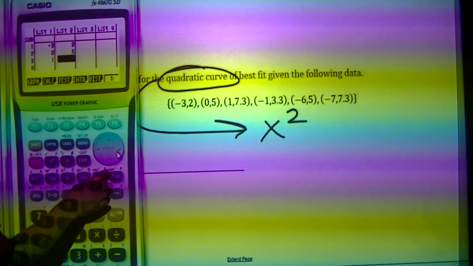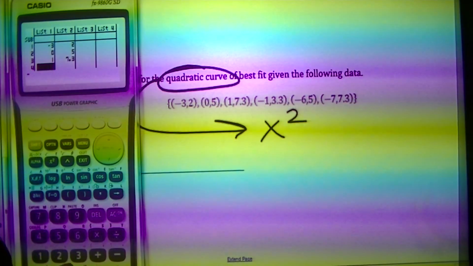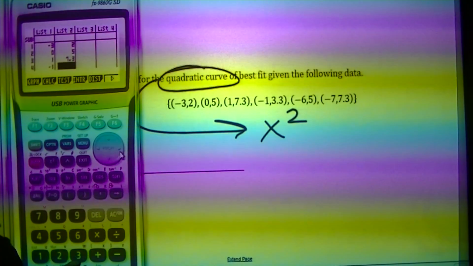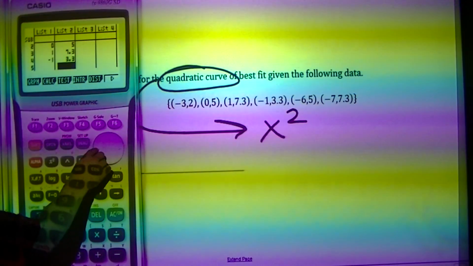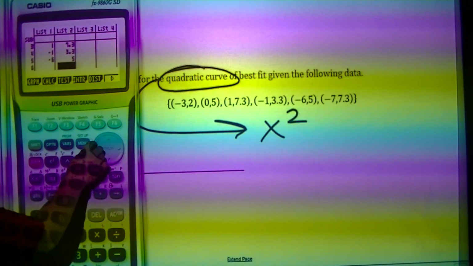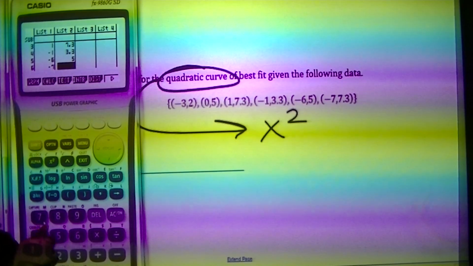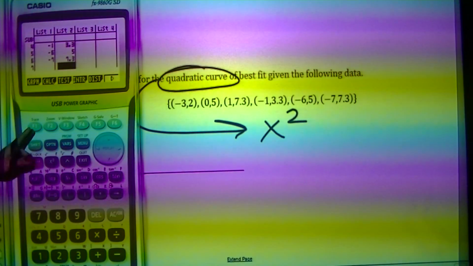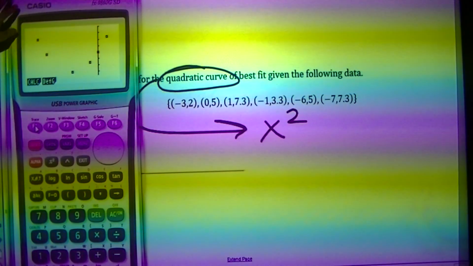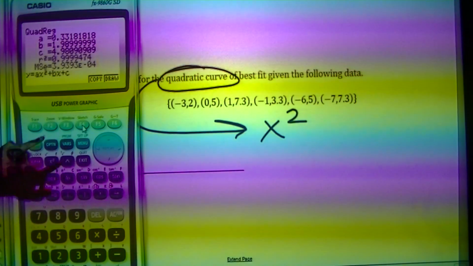1, 7.3. And then -1 and 3.3. -6, 5. And -7 and 7.3. You could have put all the x's in first, might have saved you some time. Okay, if I graph, so you can see it's a quadratic, it's a U, calculate, x squared.